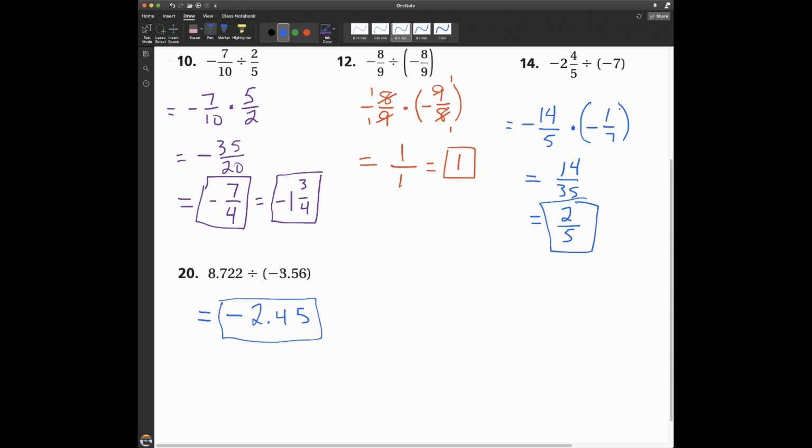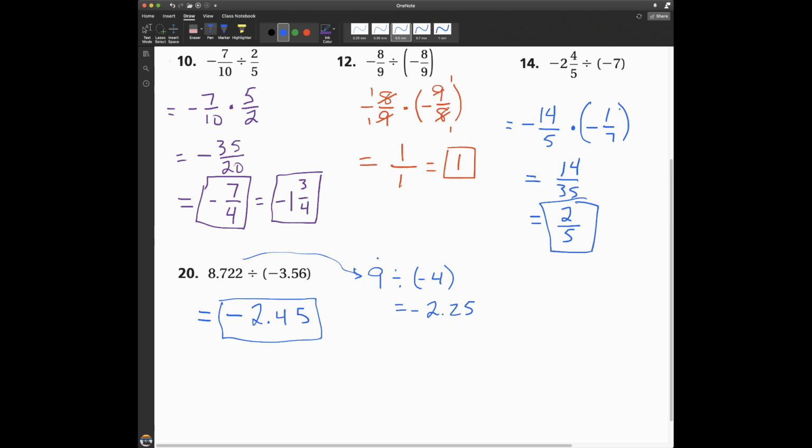Well, it is, but one of the things we could do is estimate, right? 8.7, that is approximately 9. It's close to 9. Divided by negative 3.56, that's close to negative 4. So if I put that in my calculator, 9 divided by negative 4, I get negative 2.25.